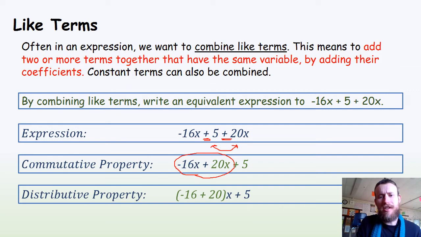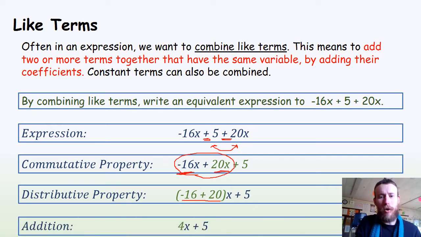Your book shows it this way, which is to see that if we use the distributive property, we can reverse the multiplication. So it's kind of like here's x, and x had been multiplied by negative 16 to get negative 16x. X had been multiplied by 20 to get 20x. How I see it is really just, what's negative 16 of something, negative 16 times something, plus 20 times something?